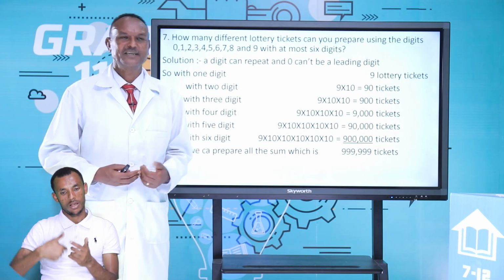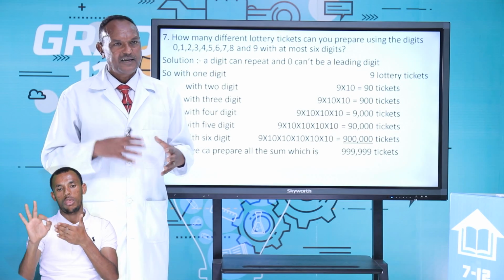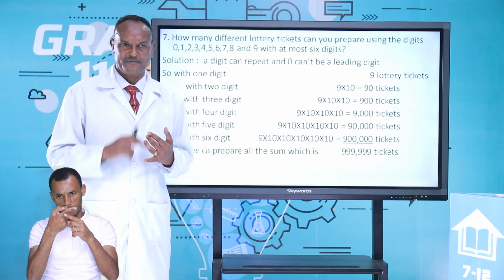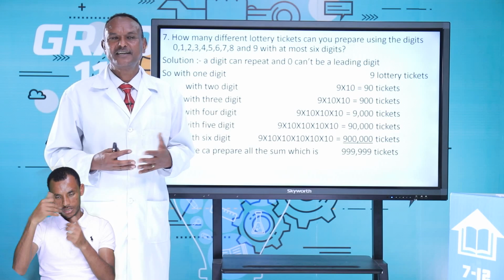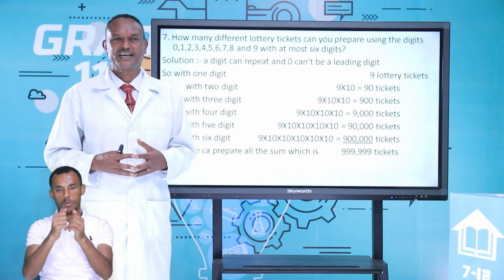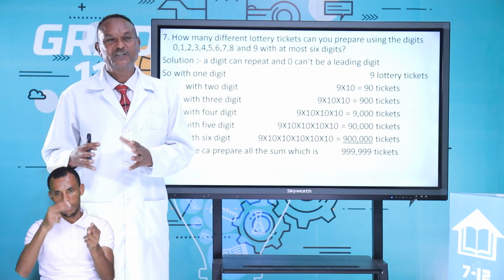The other thing we have seen is the fundamental principle of counting. If one selection can be done in n different ways, and following this, another selection can be done in m different ways, then both selections can be done in n times m different ways.